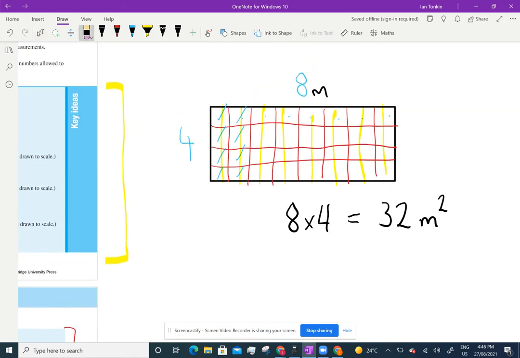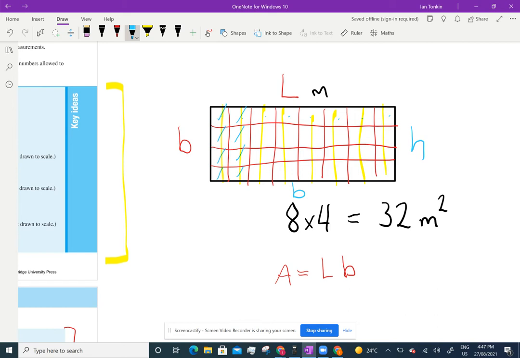Now, if this is going to be the same for all rectangles, that's why they use length and breadth. So you'll see the formula is area equals length times breadth. It doesn't matter what letters you use. But what I'd like to use, because it makes it so much easier, is the height of the rectangle and the base of the rectangle.